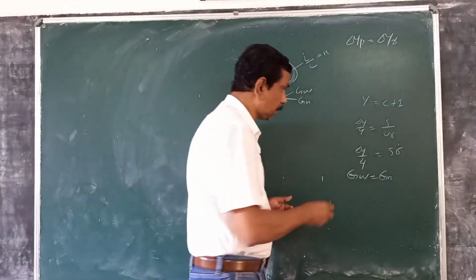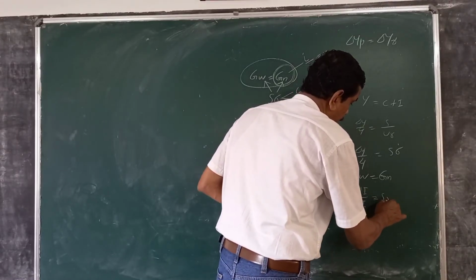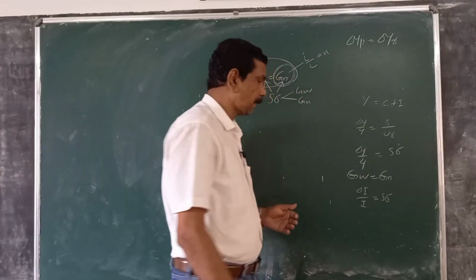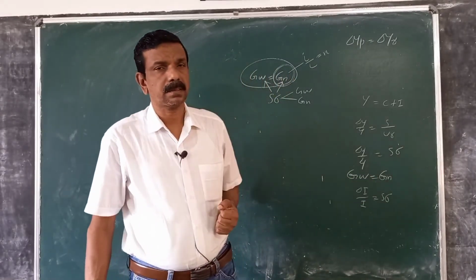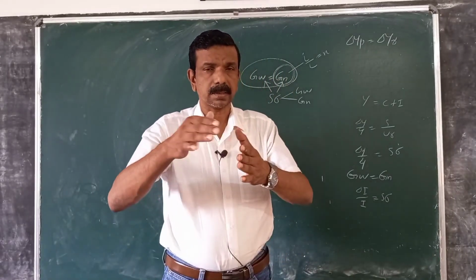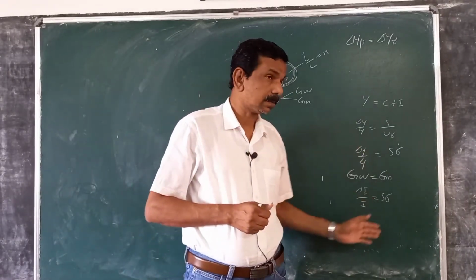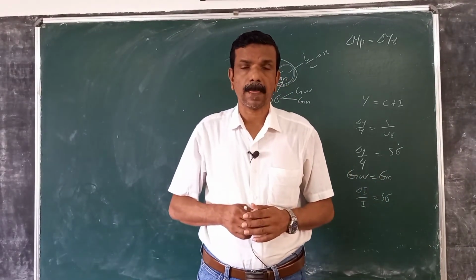And in the Domar model, delta I by I need not be equal to S into sigma. This is only an equilibrium condition. It is not necessary that it will always be the case. So both models discuss the difficulties of attaining the long-run equilibrium growth rate.